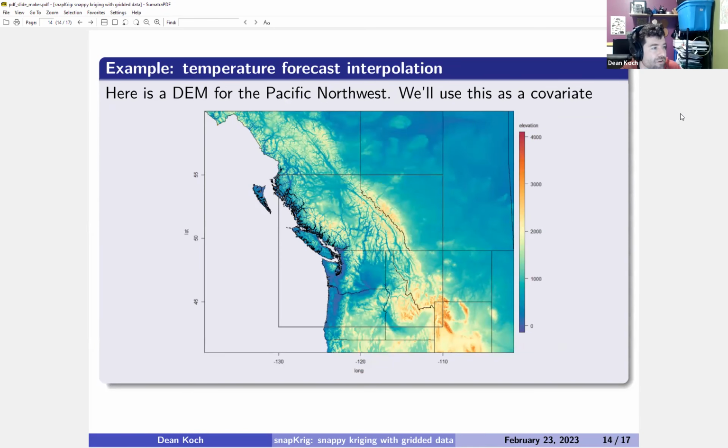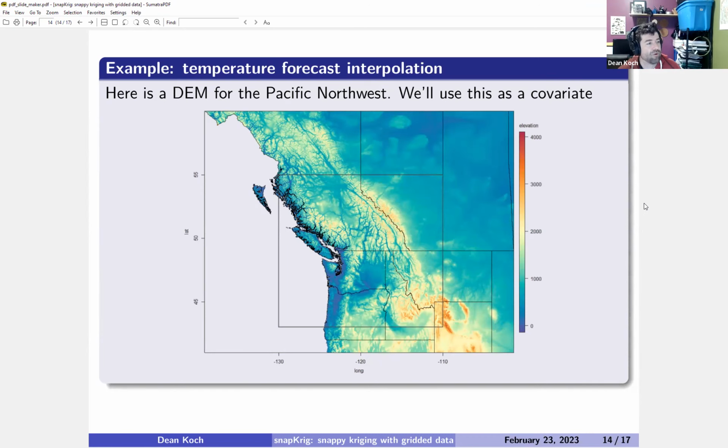So to illustrate, I'm going to show you some data that I'm working with right now in my Watershed simulation work. And so the goal here is to take some weather forecast data, which arrives as a low resolution grid.